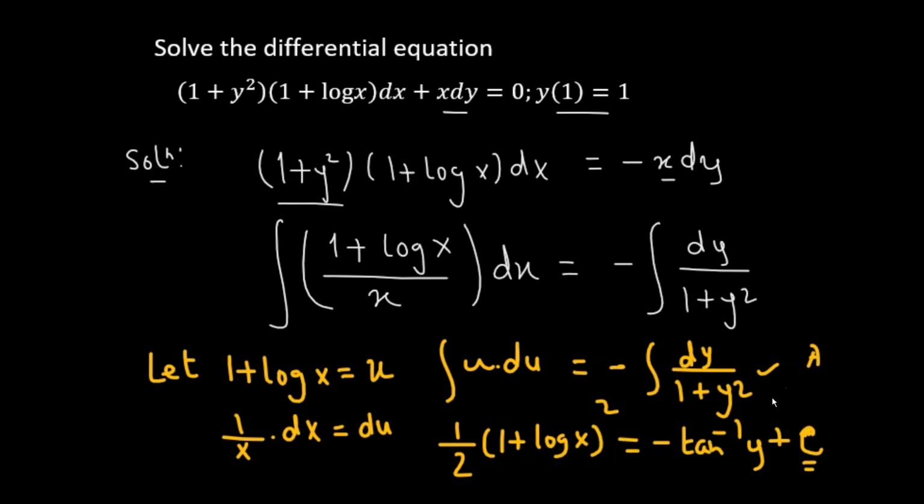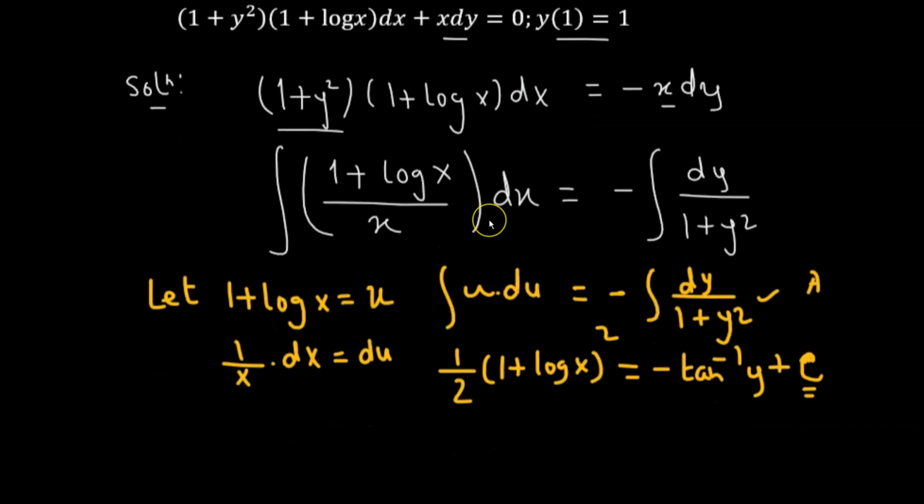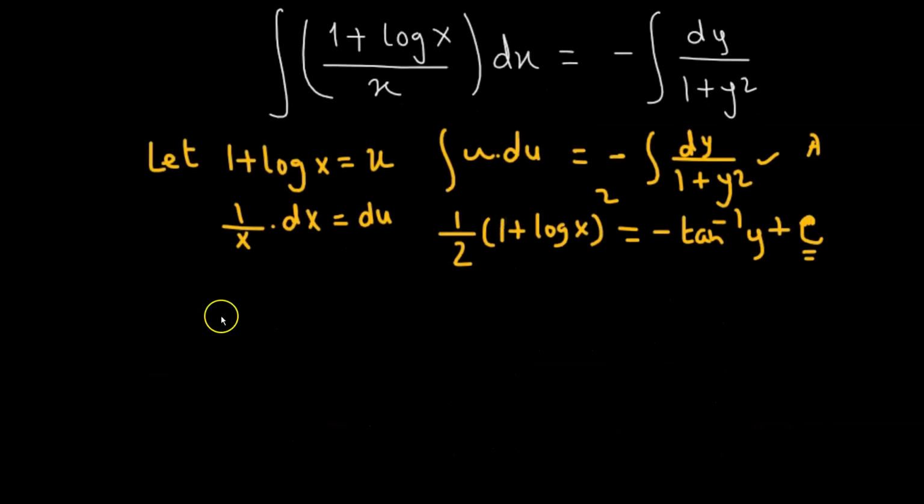Now we need to determine the value of this constant of integration c. For that, we are going to use the initial condition y of 1 equals 1. That simply means that when x is 1, y is 1. Let's substitute.